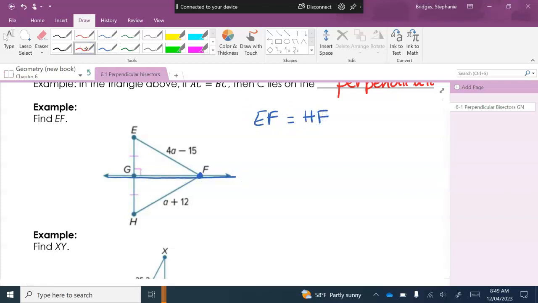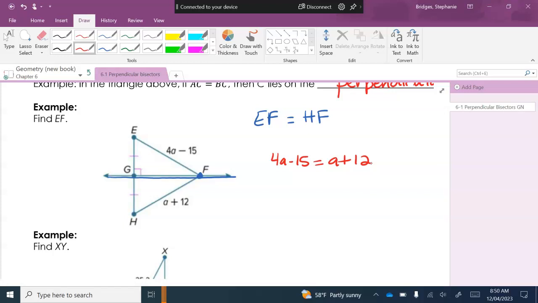So then I can plug in what they told me about those and solve for A, so that I can then go back and find the length of EF. So what would my equation be? Exactly. 4A minus 15, the length of EF, is equal to A plus 12, which is the length of HF.